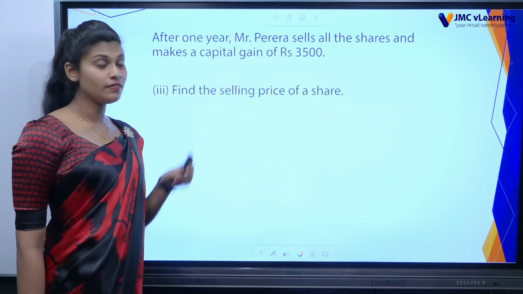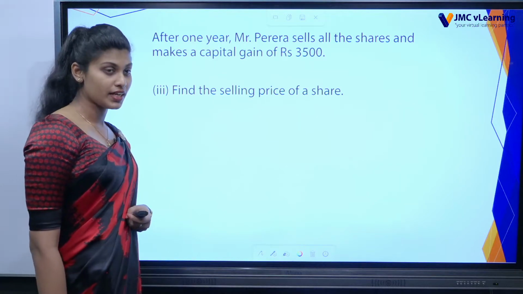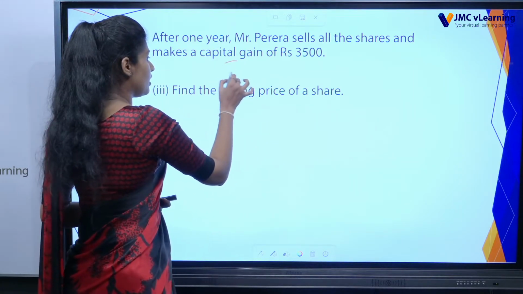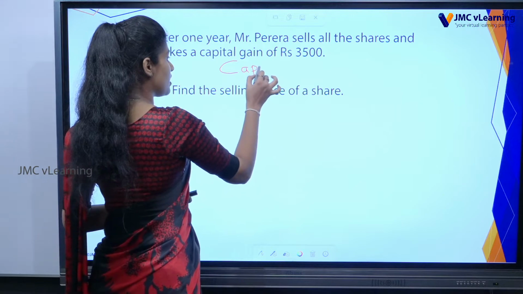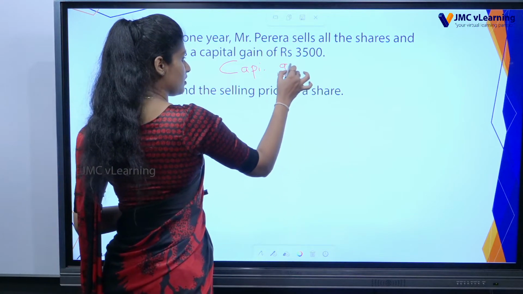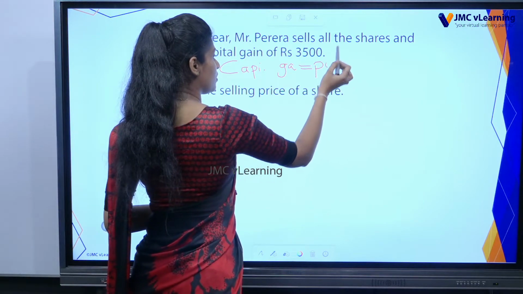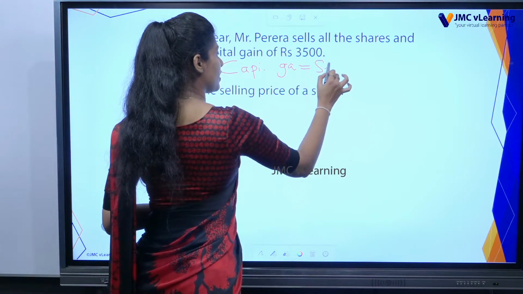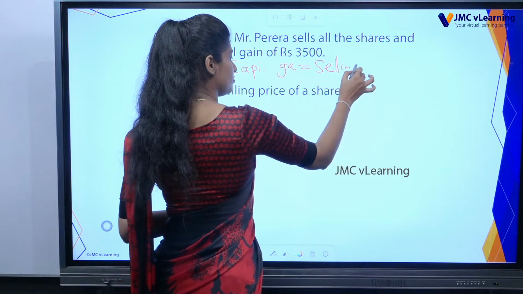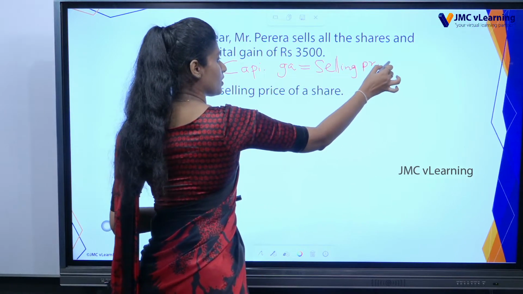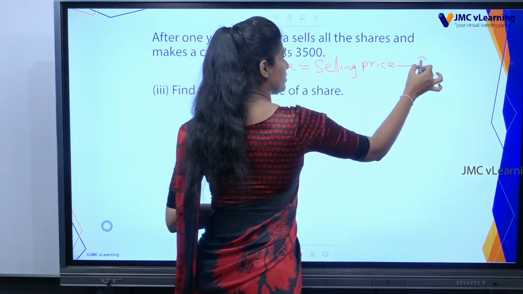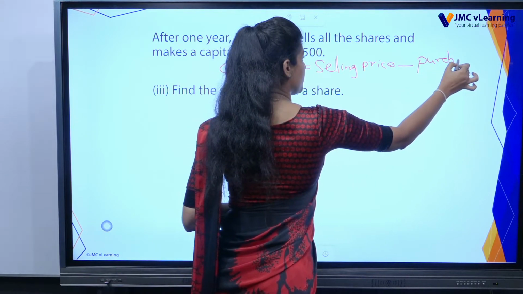Here they have given the capital gain. Earlier we learned capital gain is equal to selling price minus purchase price.